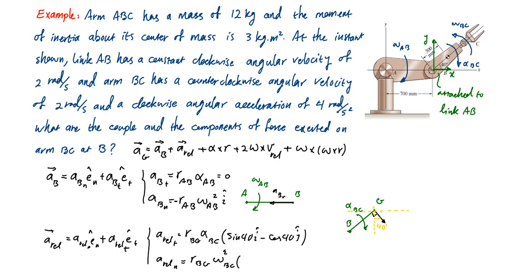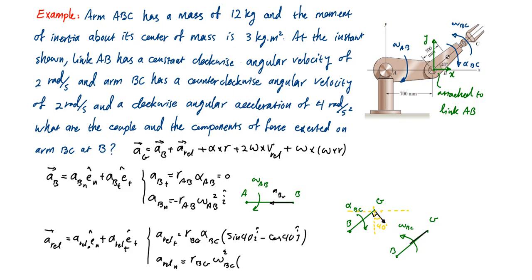Now for the normal component, well, I'm going to draw it here. There we go. This is B, and this is point G. Now on that, let's put also omega. Well, omega is in this direction, omega BC. And I have my normal component, right?